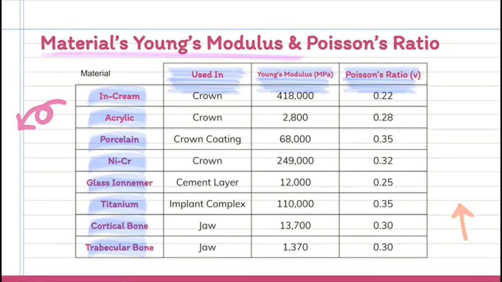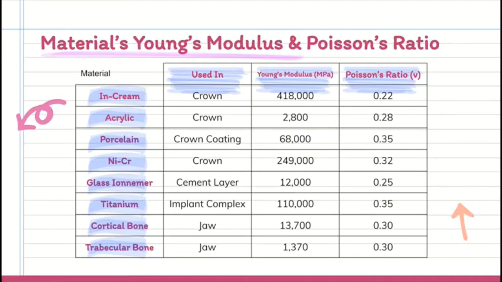Acrylic, which has a Young's modulus of 2,800 and a Poisson's ratio of 0.28. Porcelain, which has 68,000 megapascal with a Poisson's ratio of 0.35, and nickel chromium used in crowns, 249,000 megapascal with a Poisson's ratio of 0.32.